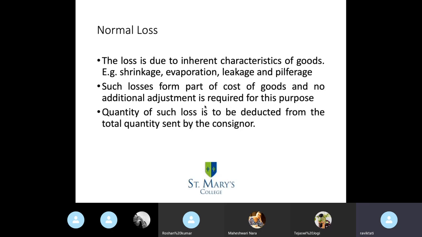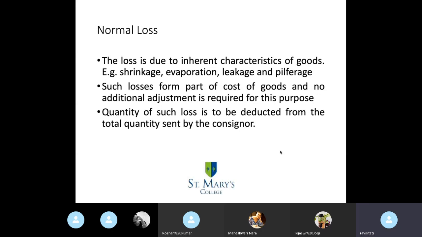Some goods may shrink or evaporate, and when you're bringing coal, it may be leaked out or broken. They're unavoidable, bound to happen. Such losses form part of the cost of goods and no additional adjustment is required. The quantity of loss is subtracted from the total quantity sent by the consignor.